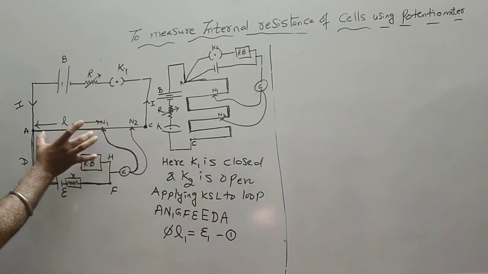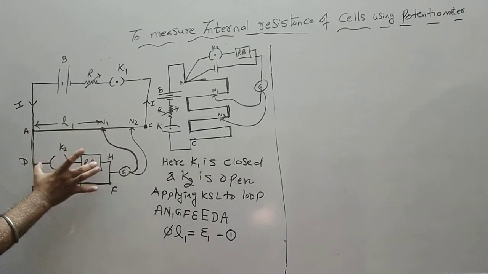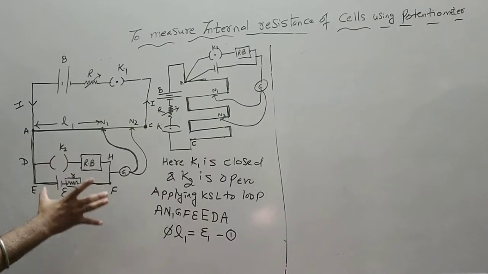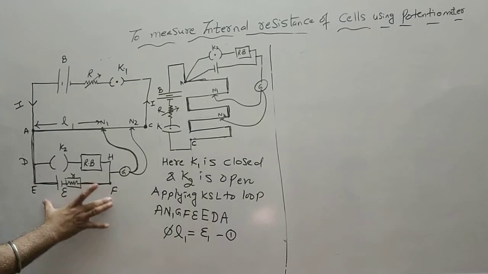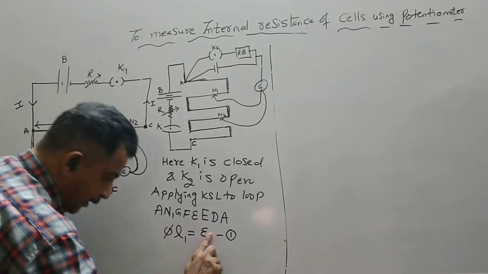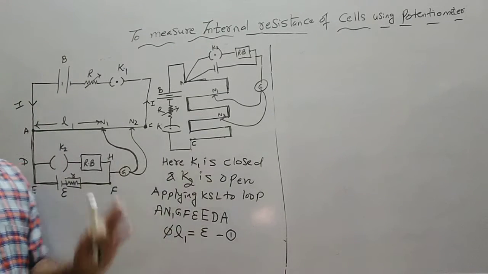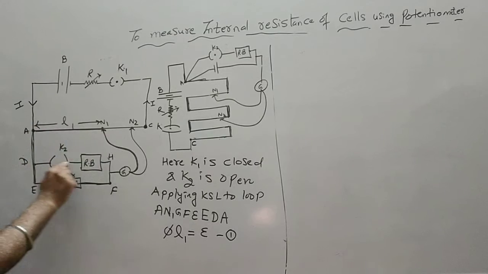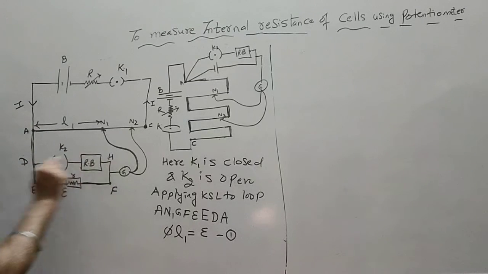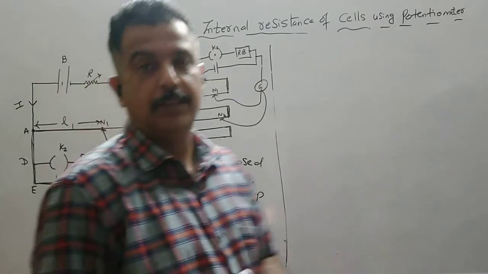So the potential difference across AN1 is equal to the potential difference across DH is equal to the potential difference across EF. That is the EMF, sorry. So let us name this as E. And K2 is open, so there is no question of a current flowing through this path D, K2, resistance box, H. And I get this equation.